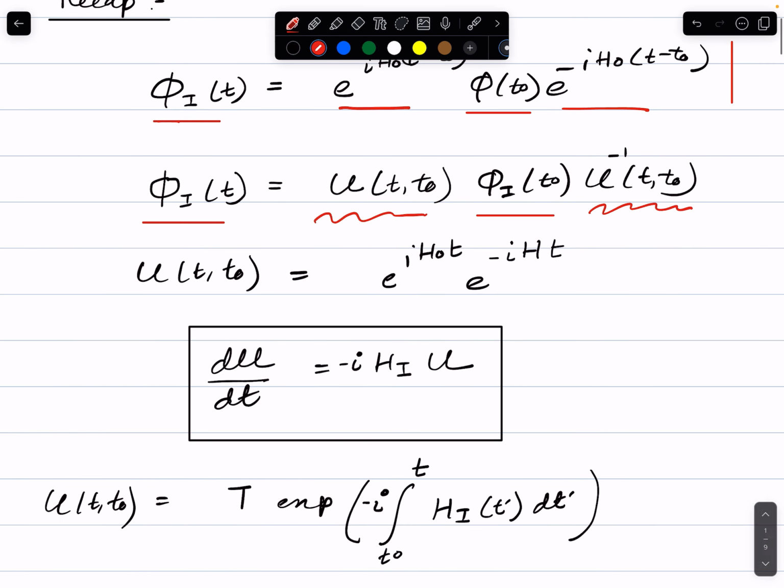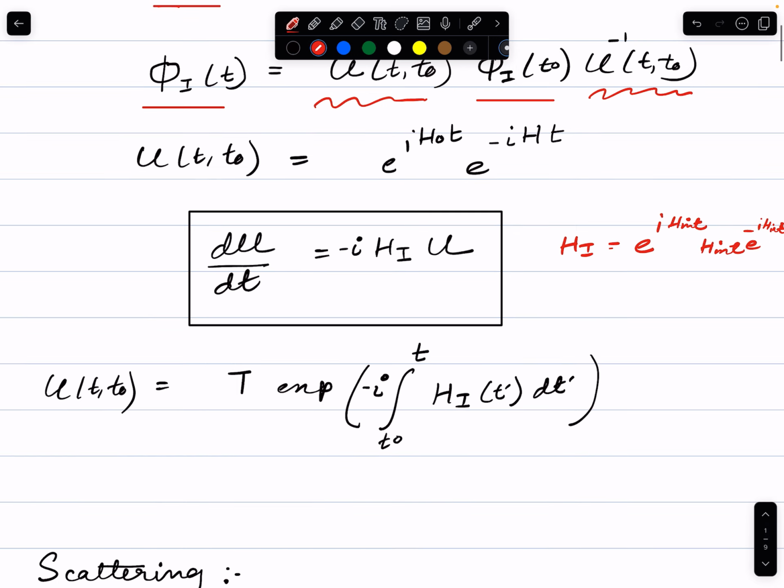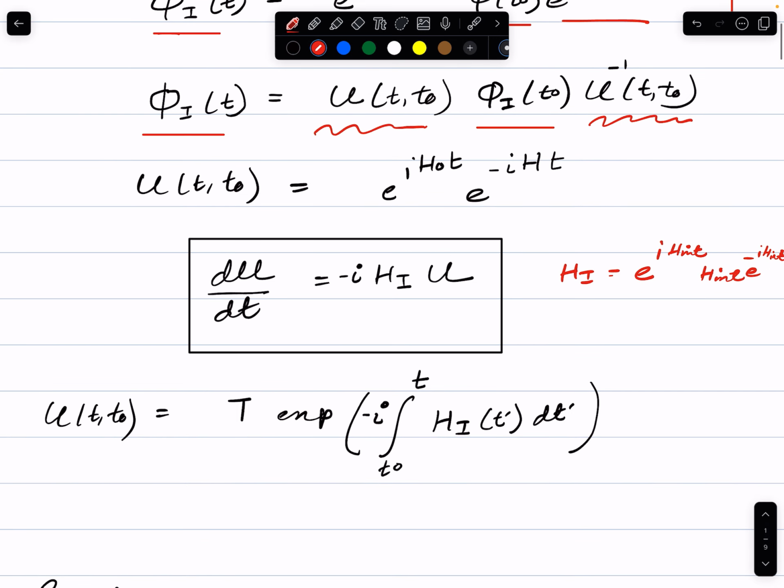From here, if you take a derivative, you will find the following relation, where H_I, remember, is the interacting part of the Hamiltonian written in the interaction picture. All of this is a little bit technical, but the final picture that we will have will be quite simple.